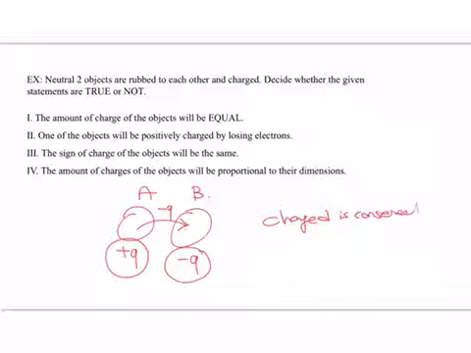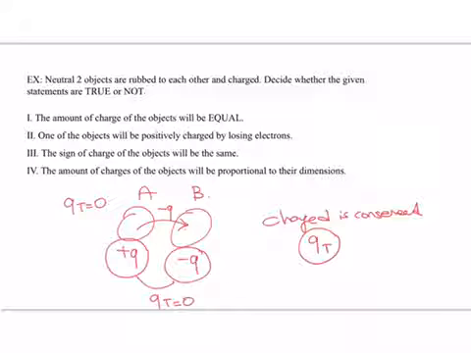That means that the total charge before the interaction should be equal to the total charge after the interaction. Before the interaction, they were neutral, so the total charge was zero. So after the interaction, again the total charge should be zero. So the amounts of charge of the objects will be equal.